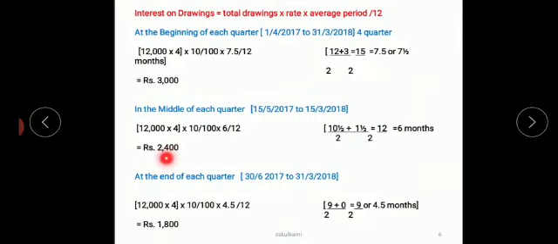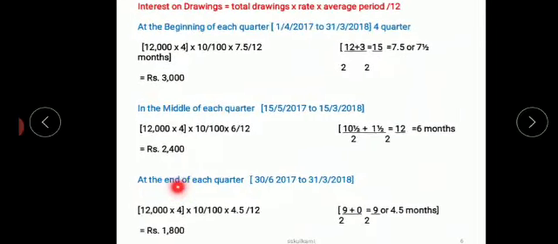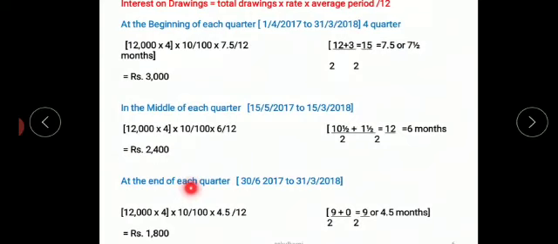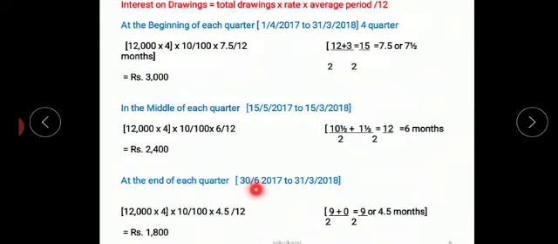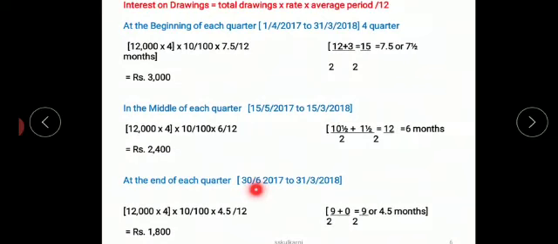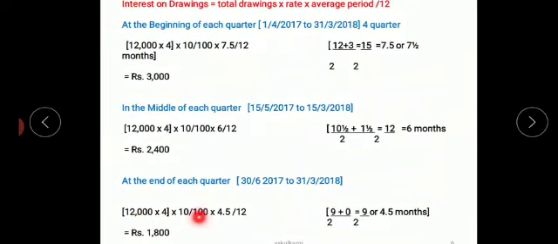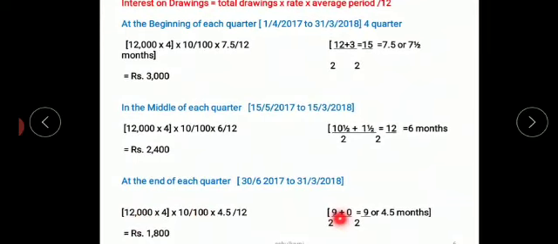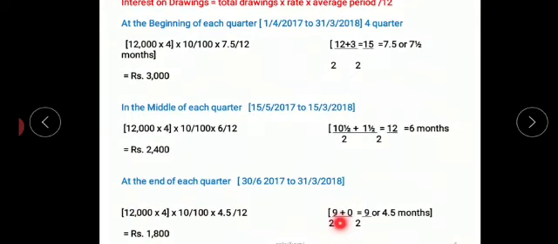Now coming to the end of each quarter. From April, April, May, June, it will be the first quarter, that is, from 30th June 2017 till the end of the year, I will get 4 quarters. So 12,000 into 4 into 10. Now here, because it is taken at the end of each quarter, I will be having only 9 months.